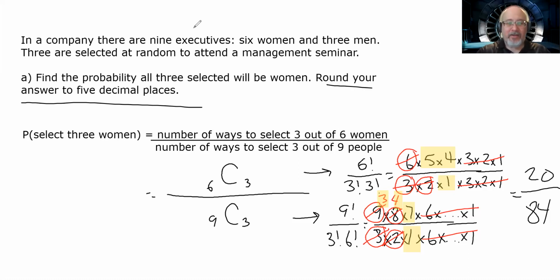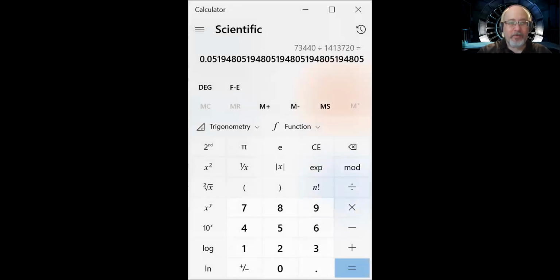So let's go to a calculator and see what we see. Where'd my calculator go? All right, 20 divided by 84 has a lot of decimal places. We're going to round to 5, so let's go to 5 and look at the 6th. 0.23809, and then the next digit is 5. 238095.